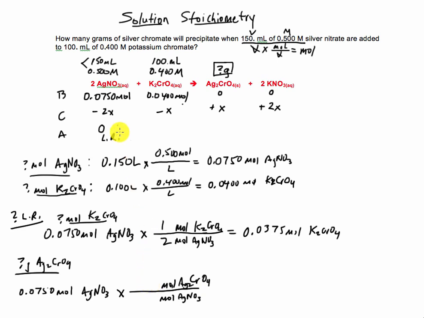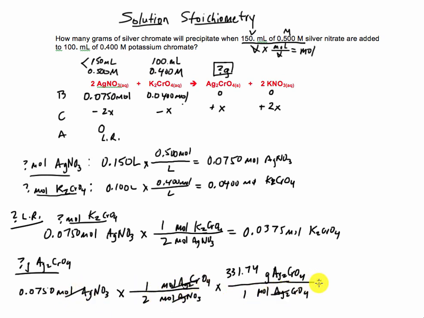It would be a 2-to-1 ratio again, so it follows the same pattern we saw here: a 2 on the bottom and a 1 on the top. And it finishes off with the mass conversion using the molar mass of silver chromate, grams of silver chromate here. That number is 331.74 for every 1 mole. Notice my units cancel nicely.